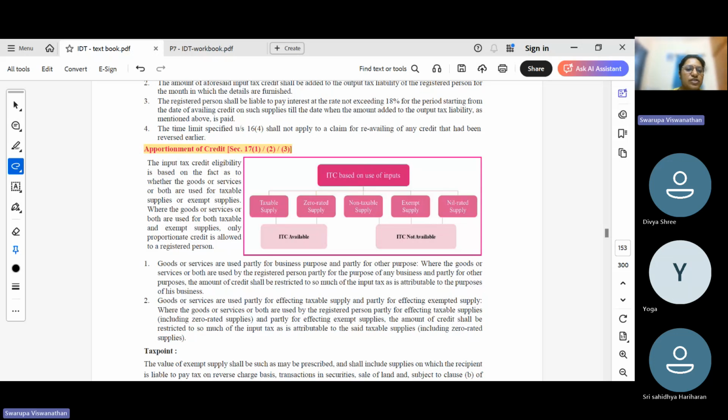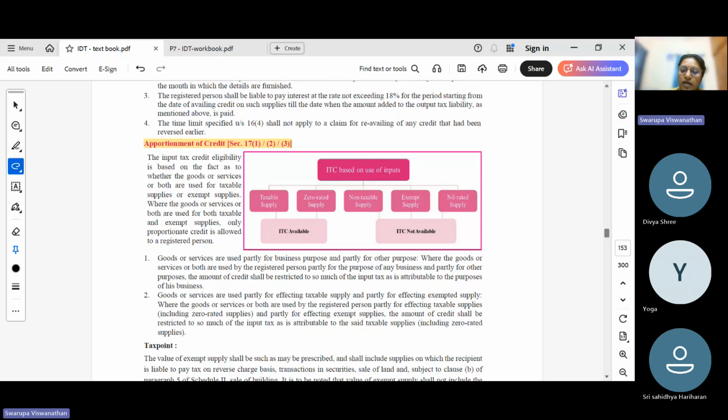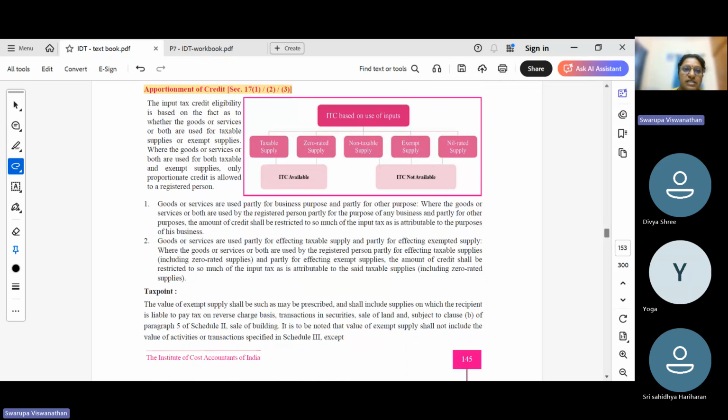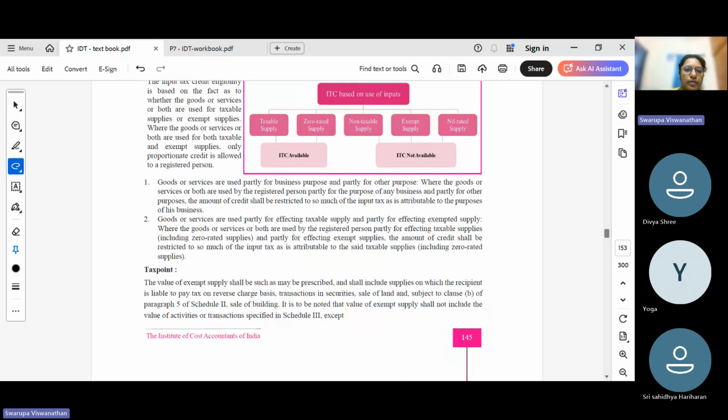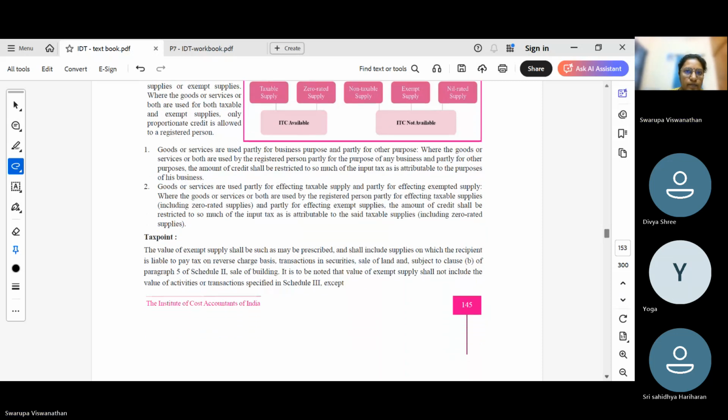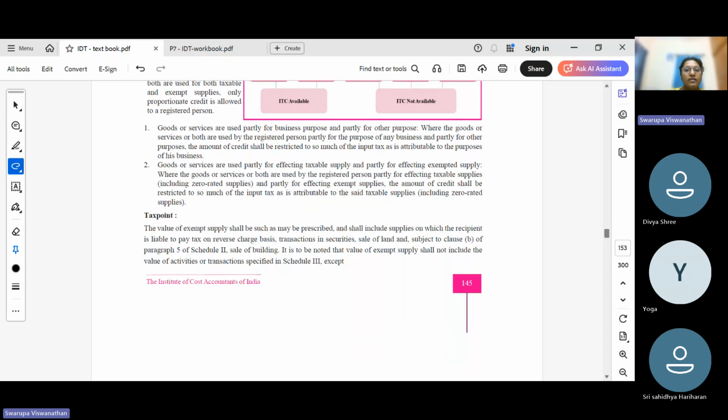Now we come to section 17, that is apportionment of credit. When a particular purchase is used for both business and personal use, we can take credit only if the registered person uses the goods or services in the course or furtherance of business.